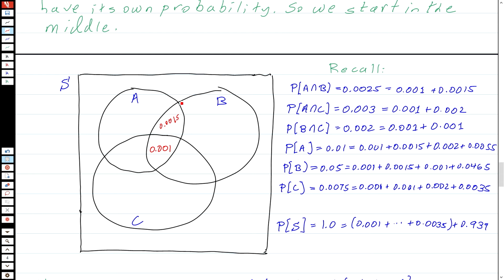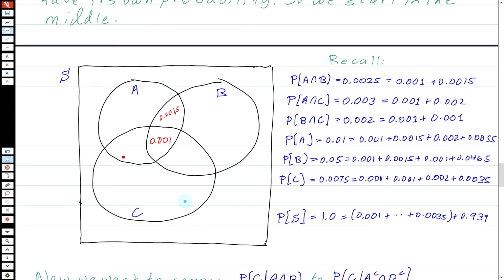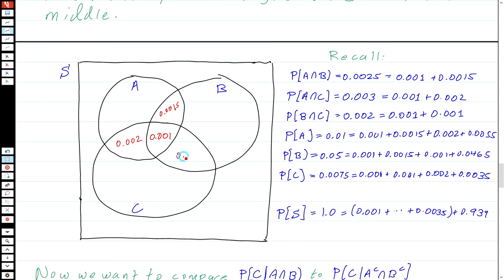Probability of A intersection C we know is 0.003, so we've already accounted for 0.001, so this area here must be 0.002. And probability of B intersection C we know in total is 0.002. We've already accounted for 0.001, so this has to be 0.001 as well.